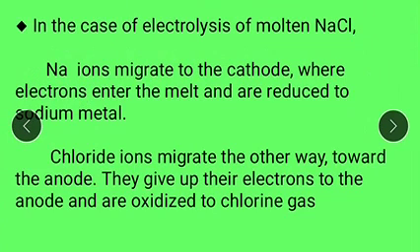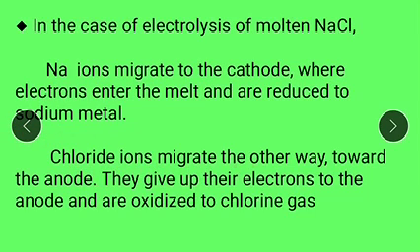In the electrolysis of molten NaCl, sodium ions migrate to the cathode, where electrons enter the melt and the ions are reduced to sodium metal. It means sodium metal is formed at the cathode.